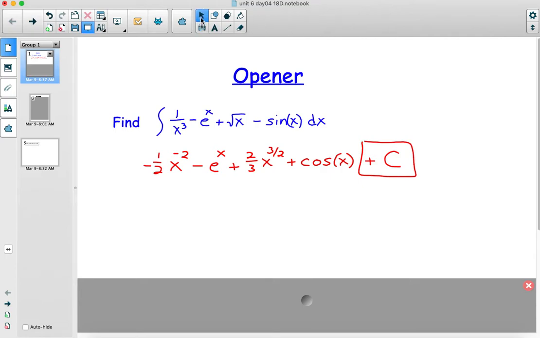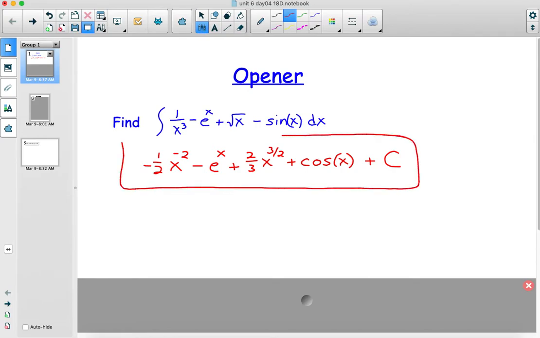So when I take the derivative of this, it doesn't matter what the constant is, that'll become 0. So here is the antiderivative, or the integral of 1 over x cubed minus e to the x plus the square root of x minus sine of x dx.